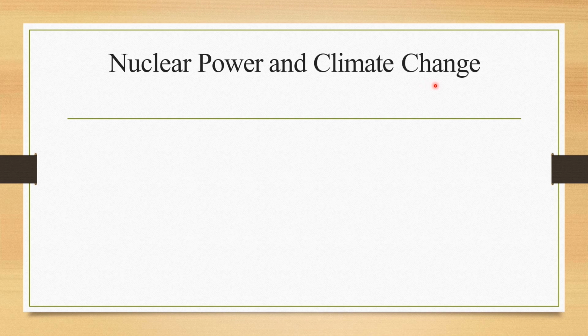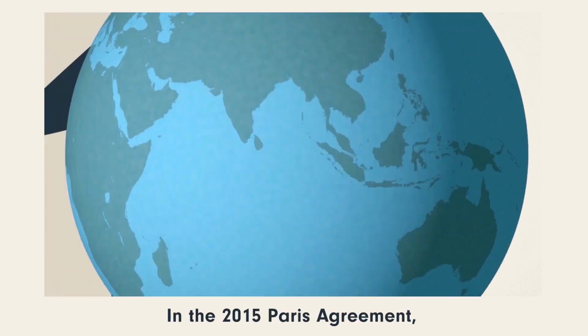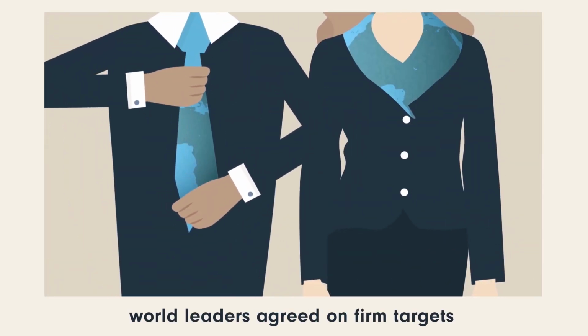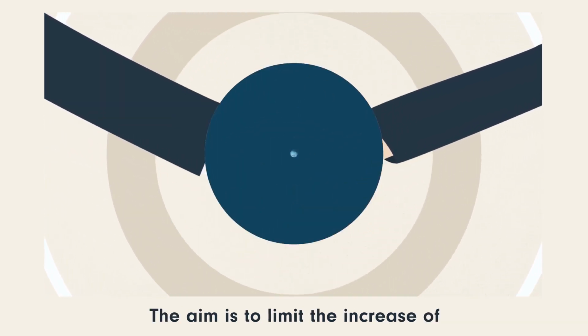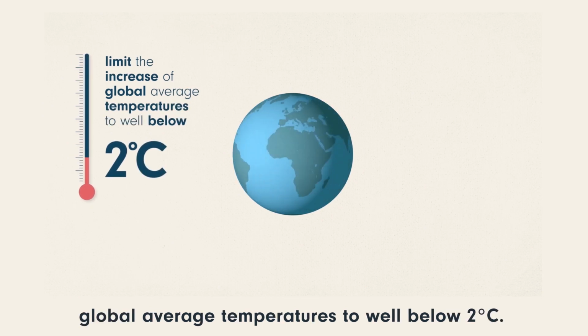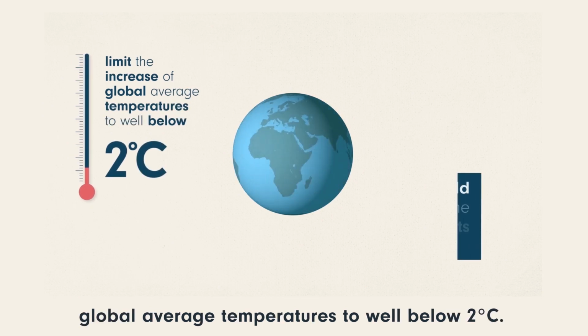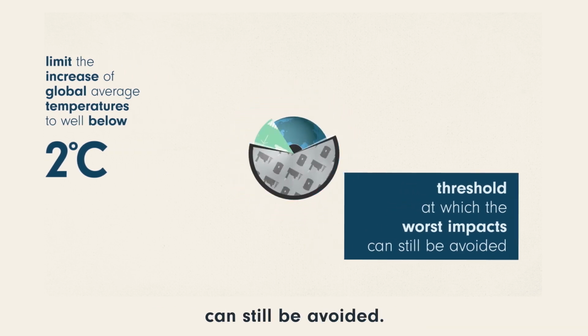Let's have a look at nuclear power and climate change. In the 2015 Paris Agreement, world leaders agreed on firm targets to fight climate change. The aim is to limit the increase of global average temperatures to well below 2 degrees centigrade. This is the threshold at which the worst impacts from climate change can still be avoided.